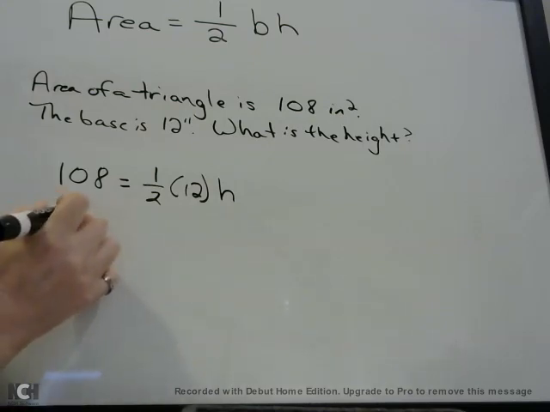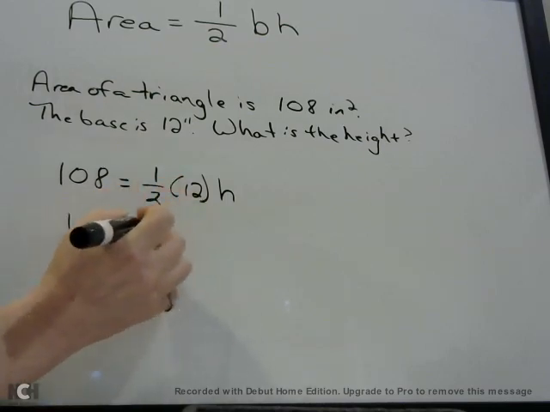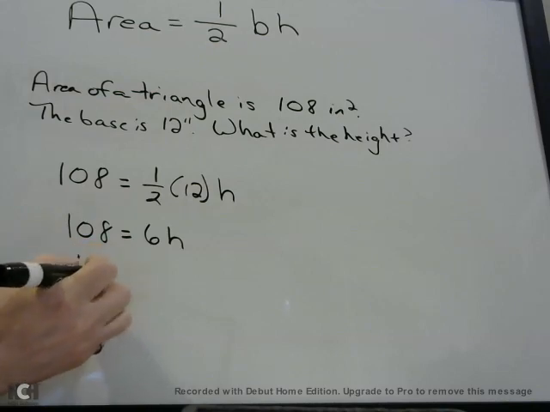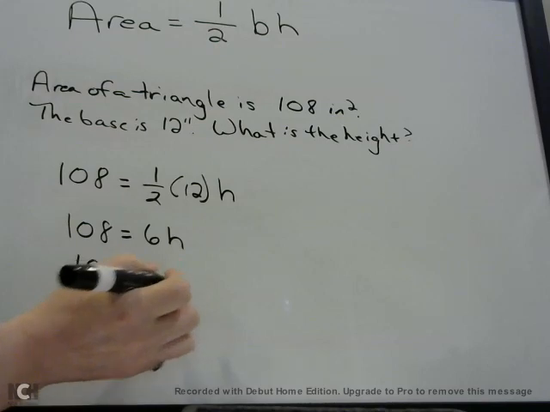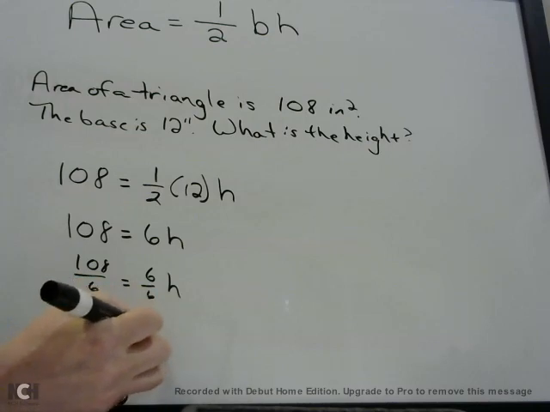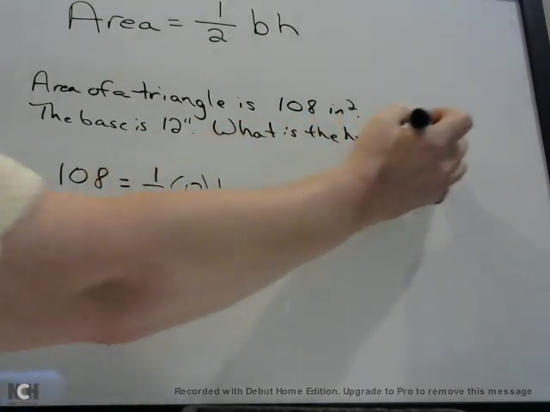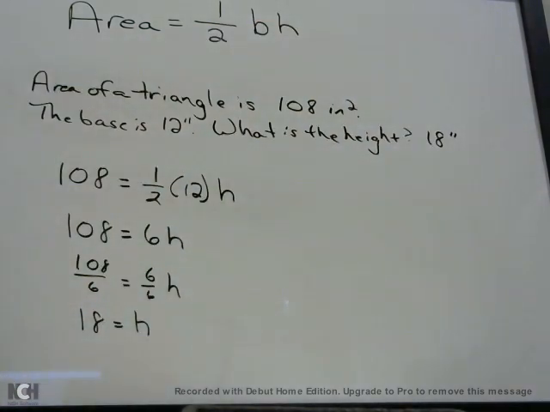So watch the algebra videos if you don't know how to do this. 108, 1/2 of 12 is 6. We're going to divide each side by 6 in order to get h by itself. And we get 18 equals h. So the height for this is 18 inches.